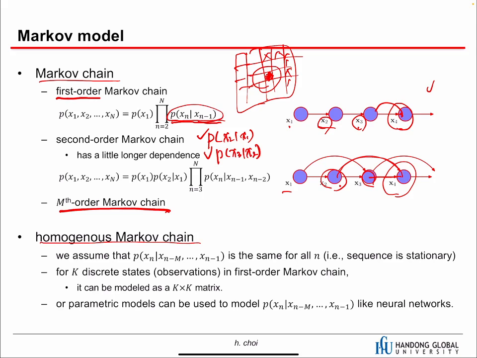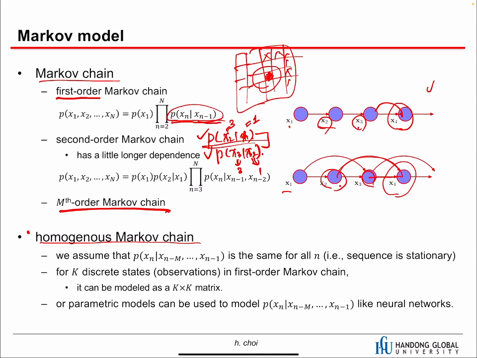It means P is the same over all time. So if the observation is discrete, for example x1 is 1 and x2 is 3, and in another case x2 is 1 and x3 is 3, then these two probabilities are the same. So that's a homogeneous Markov chain.